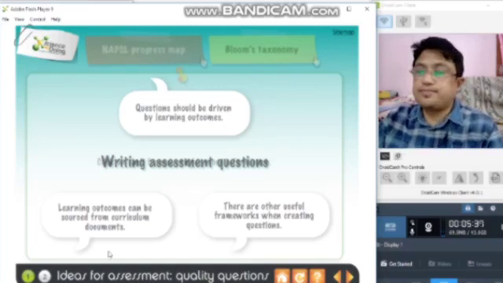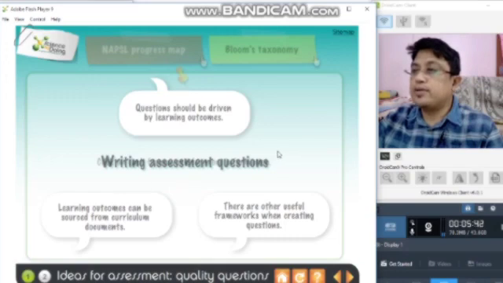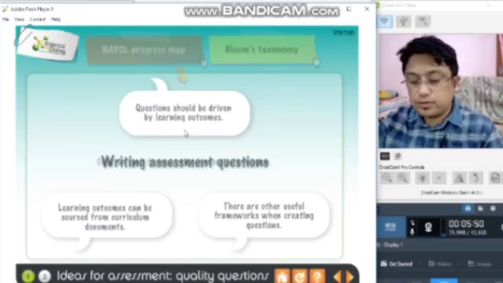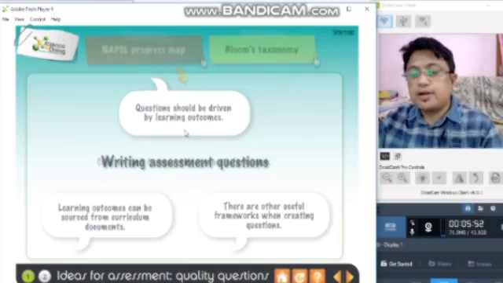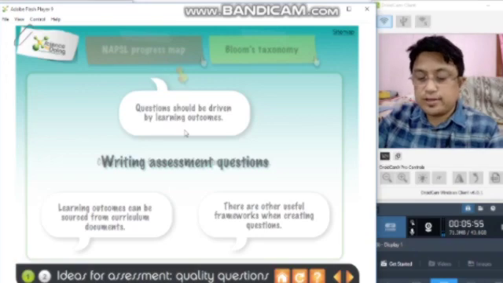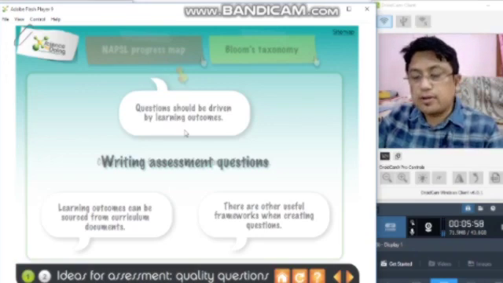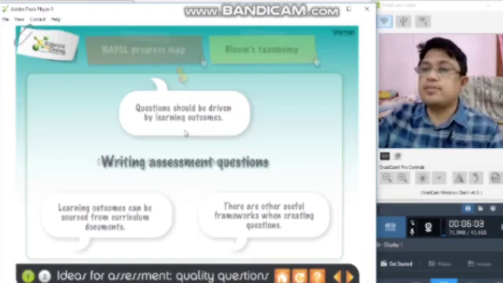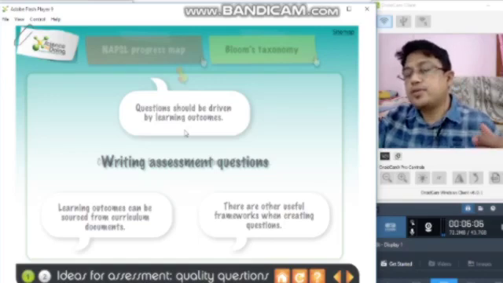So, learning outcome. When we write assessment questions, they should be driven by learning outcomes. And for the learning outcomes, you should take reference from the learning outcome index given by NCERT for school, and these are available free of cost. You can download them from the website, and you must have at least one class, for example up to the primary or secondary level.